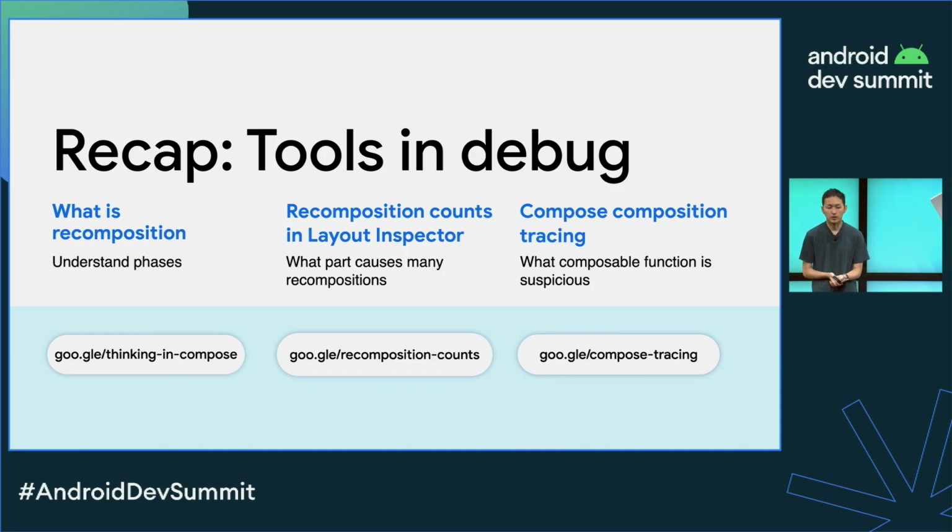Let's recap what I have talked about in the debug phase. We covered what recomposition is and how it matters for performance. And the recomposition counts in layout inspector help you investigate what part of the UI causes a lot of recompositions. Then starting in Flamingo, you can use compose composition tracing to investigate which composable function is suspicious.